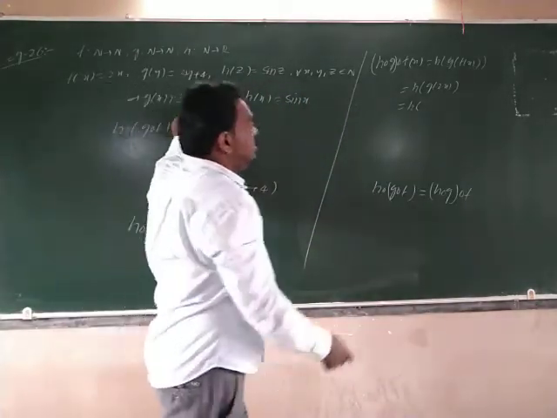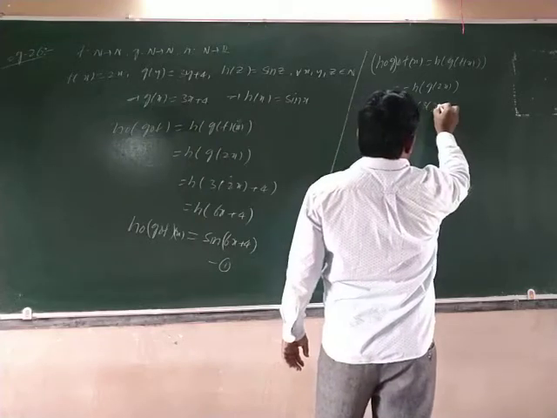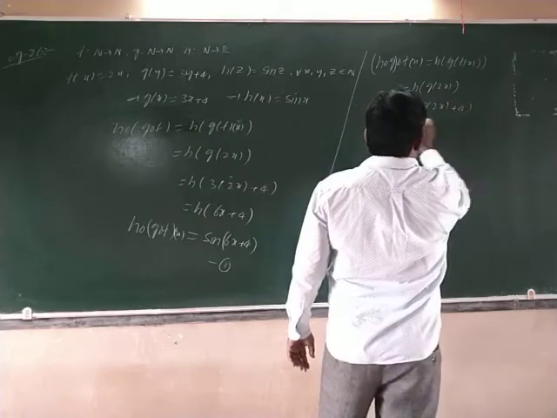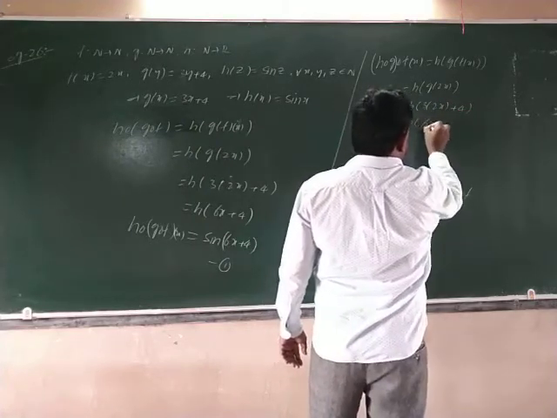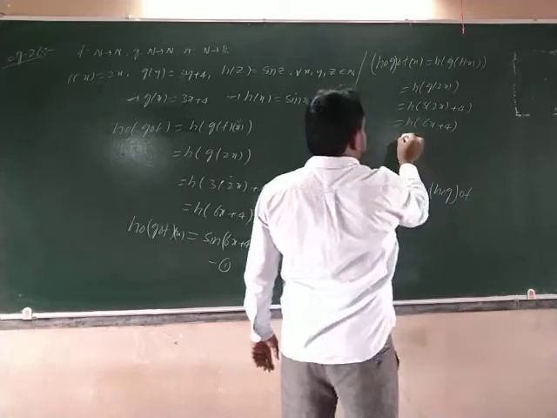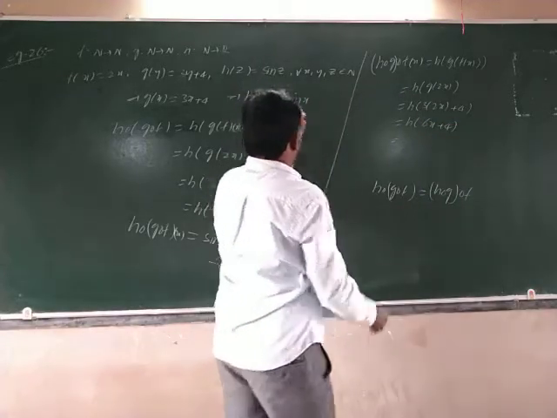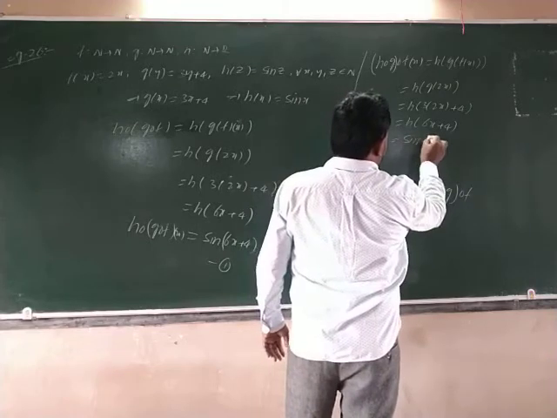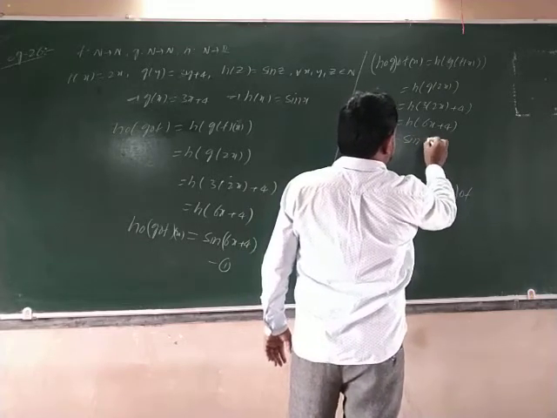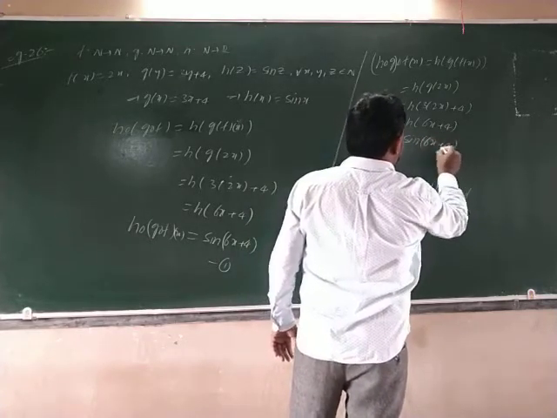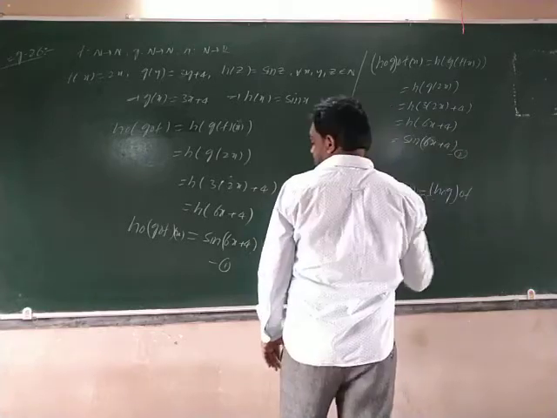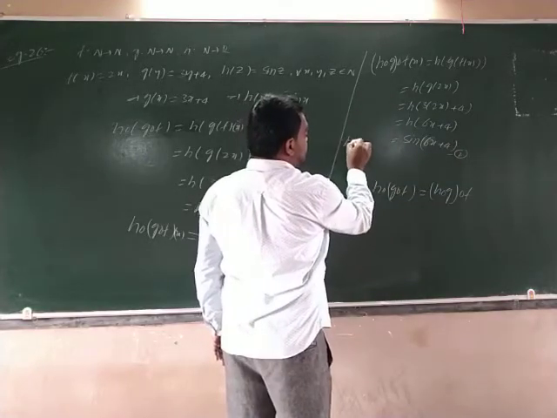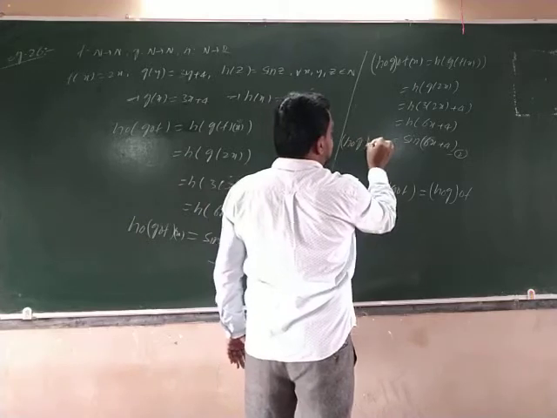G of 2x is 3 into 2x plus 4. That is h of 6x plus 4. This is h of 6x plus 4 equal to sin of 6x plus 4. This is taken as equation number 2, which is equal to h circle g circle f.